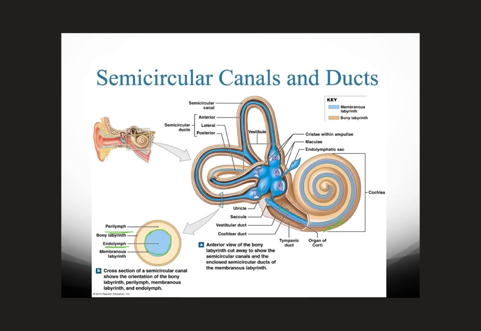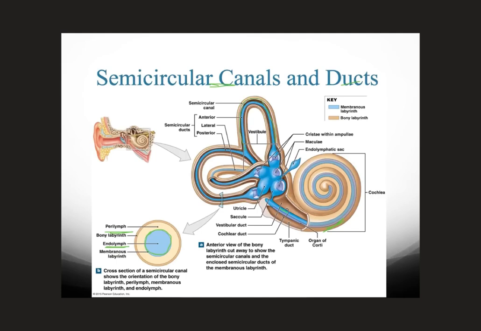Now let's talk about the semicircular canals and ducts. So this is what's going to be part of this main structure that we call the vestibule. This is what's going to give us equilibrium. So we have 3 semicircular ducts, which the first one is going to be the anterior semicircular duct.